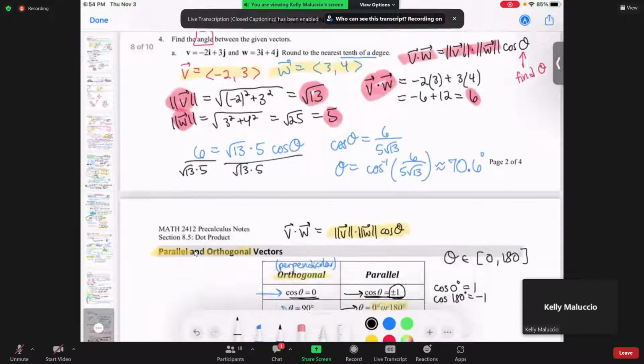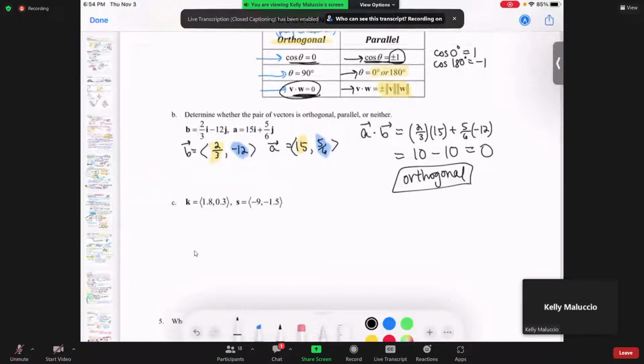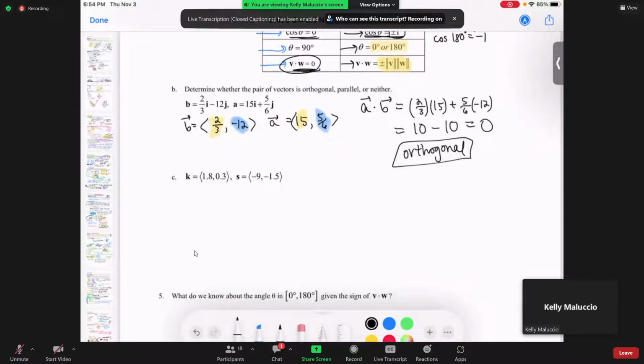Part B was that, and then for part C, we have K and S, and they gave it to us this time. If you wanted to write this in i, j, you could. The first thing we do is check the dot products: this is 1.8 times -9 plus 0.3 times 1.5.